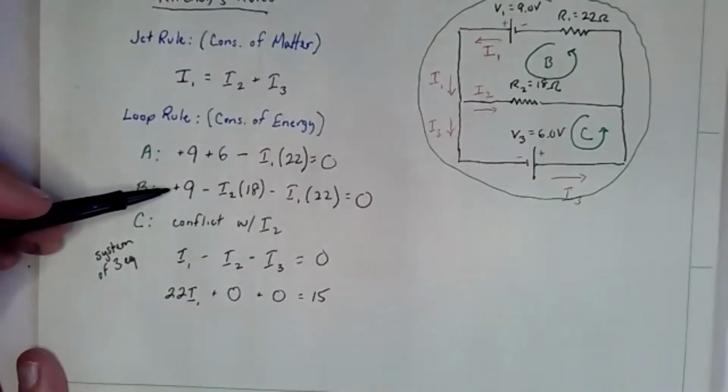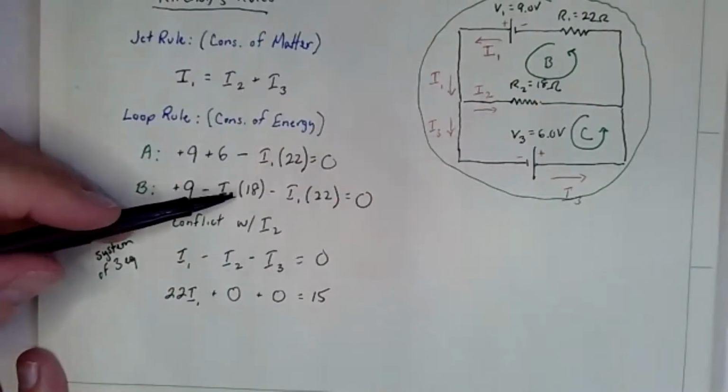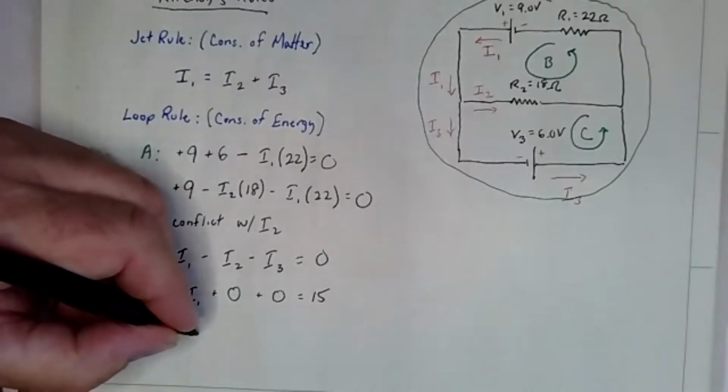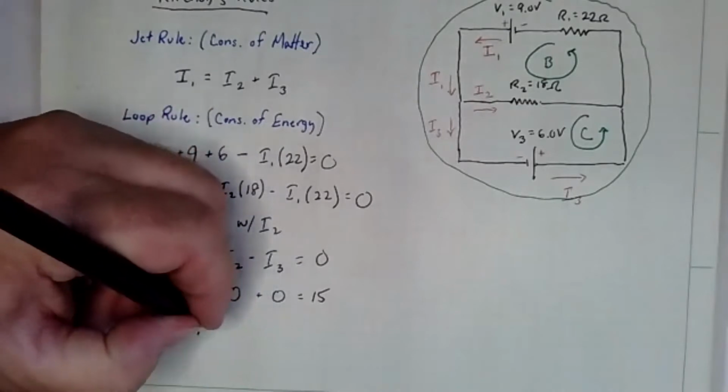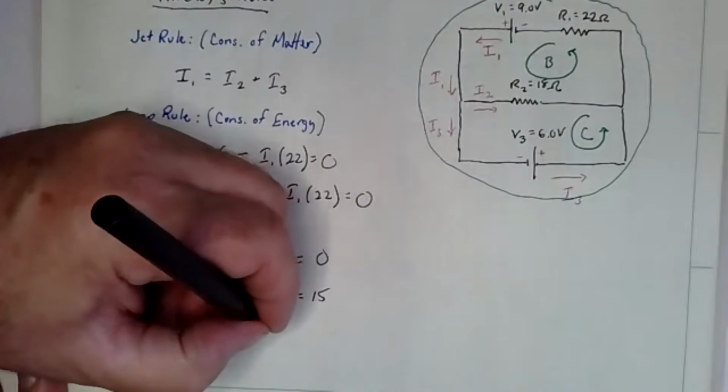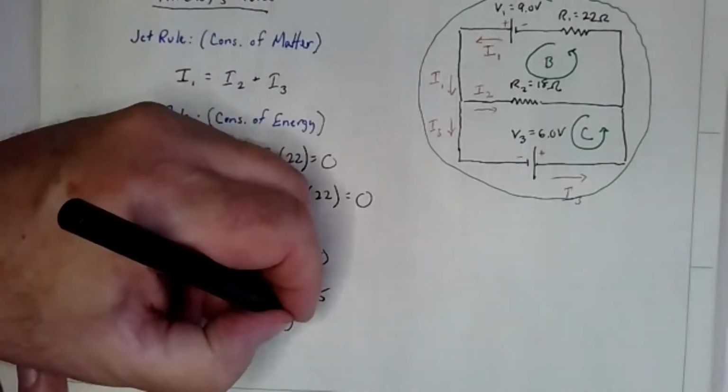And then for this equation, well, just 9, okay, now I'll move these to the other side of the equation. So that's going to be 22 I1, and then 18 I2, and plus 0, and that's all equal to 9.